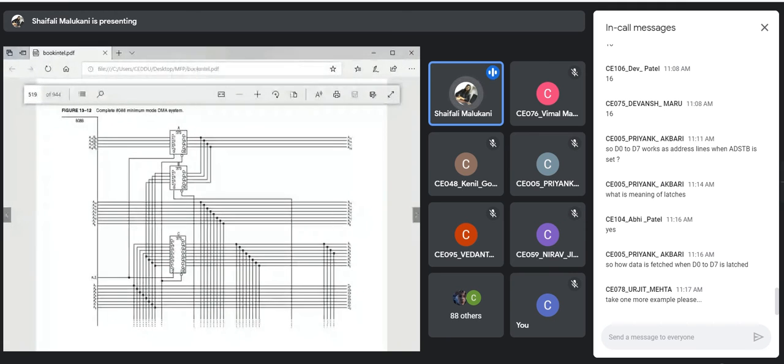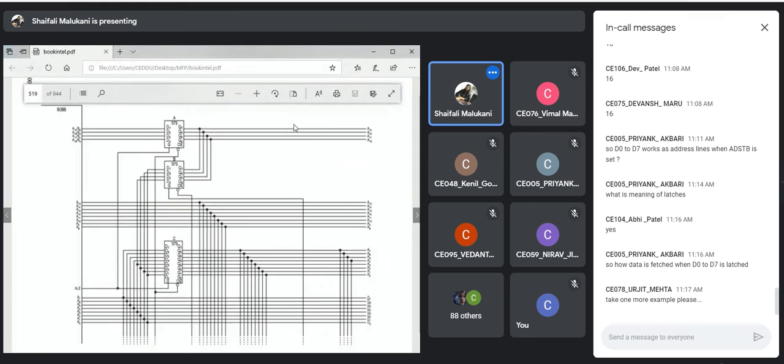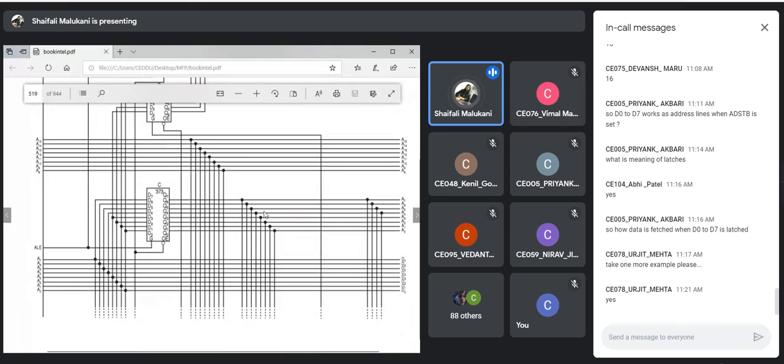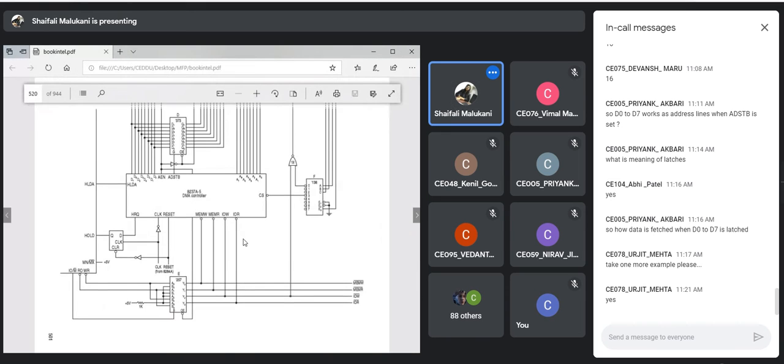Is it visible to you? Okay, so now what is the point?